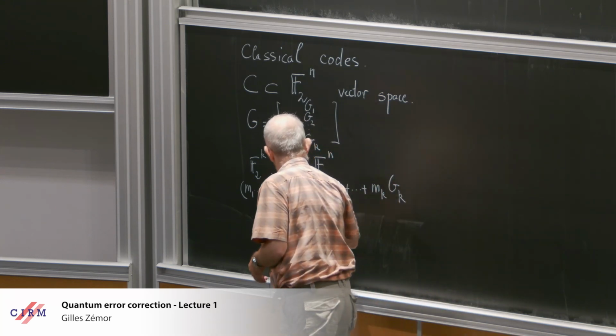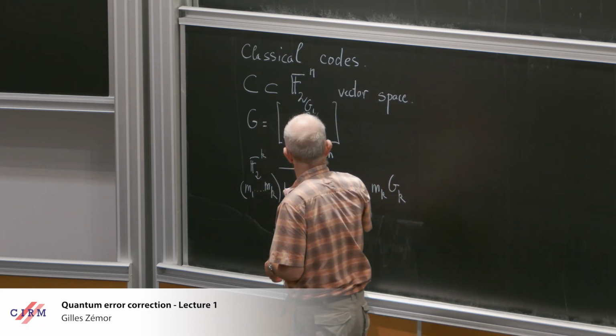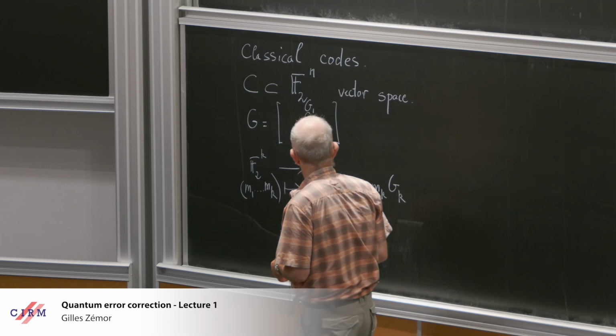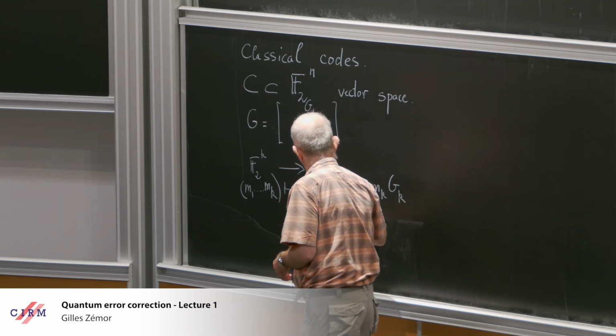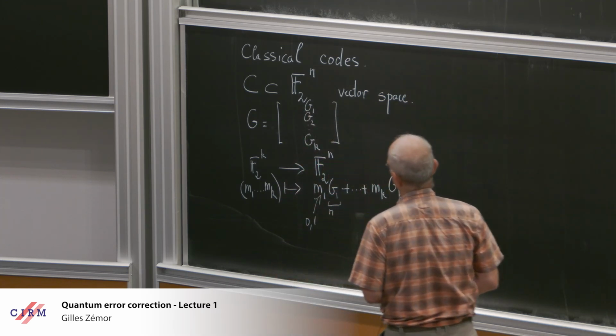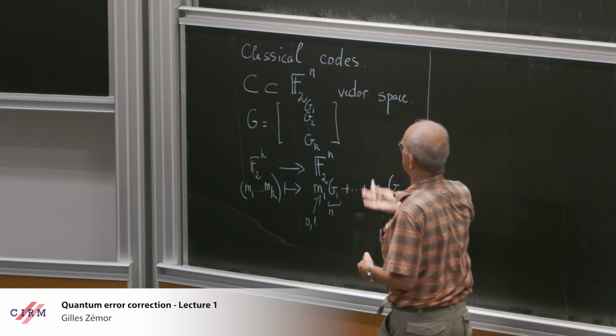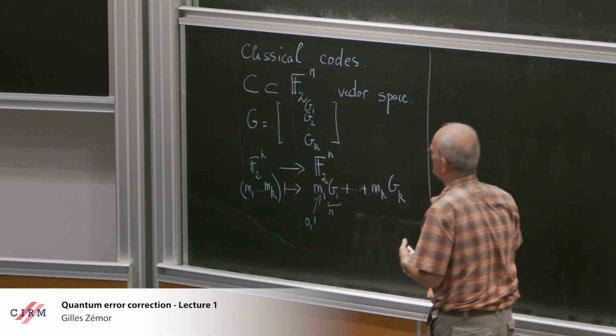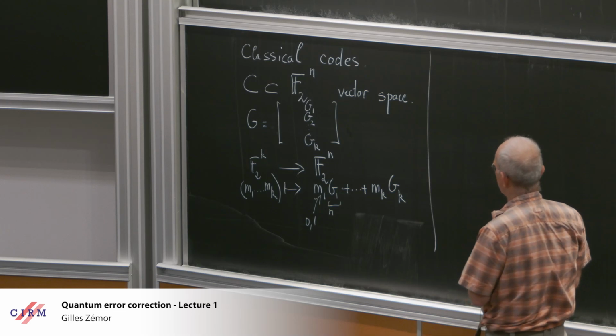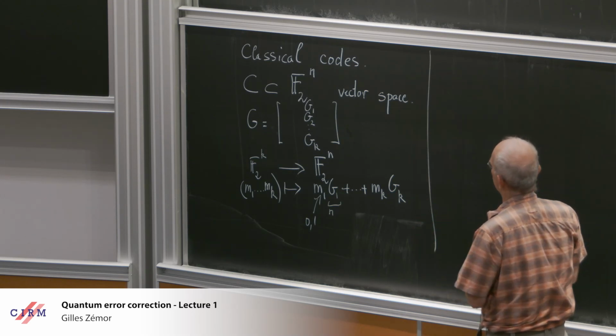So the mi's are just bits, zeros or ones, and these are n-tuples. That's it. So you transform k-tuples of information into n-tuples.